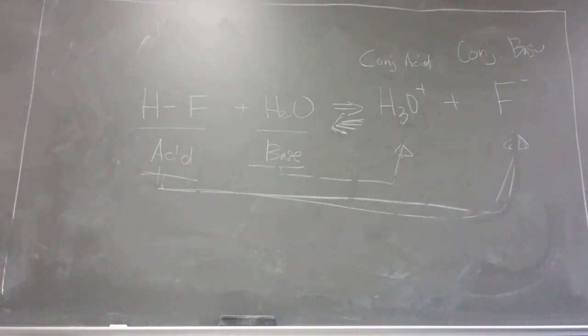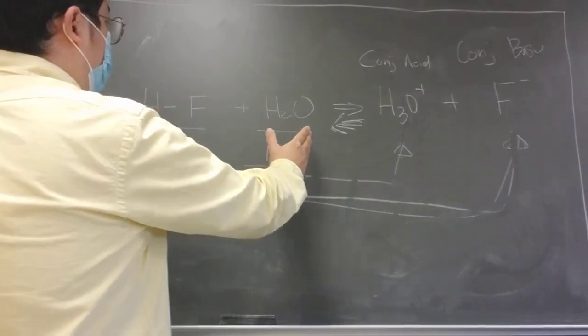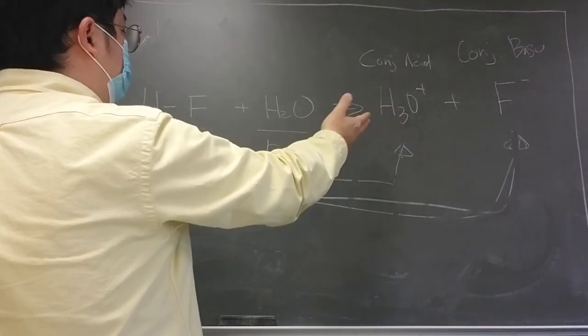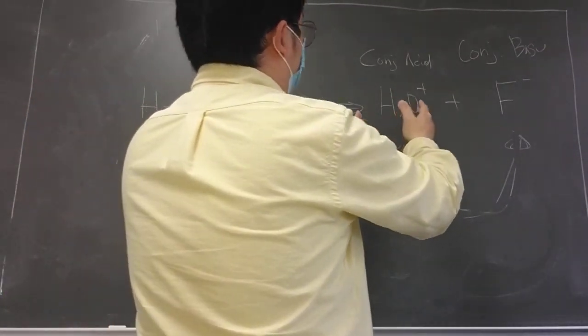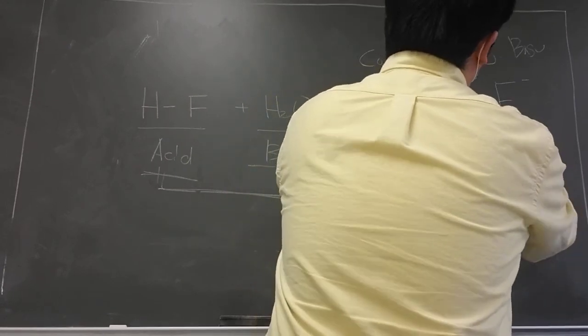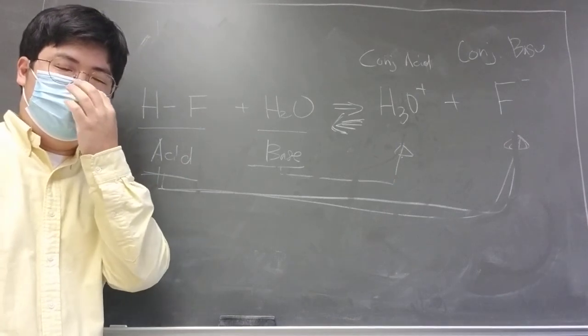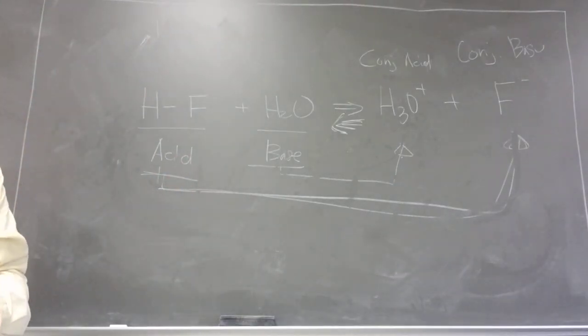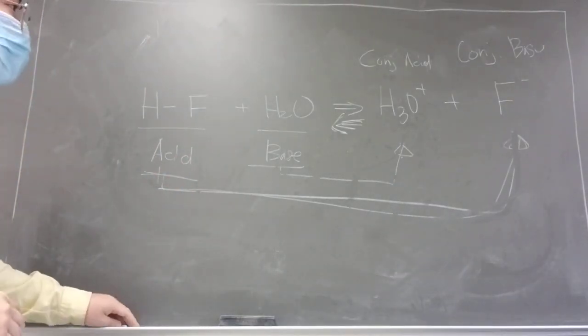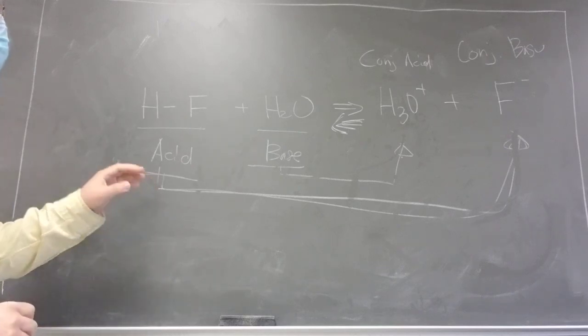So it doesn't really matter. But if you see them on the left of your chemical reaction, you can call them acid and base. On the right are the conjugate base and conjugate acid. But we're also going to consider the pKa value for sure. That's a very good question. So make sure you do this.